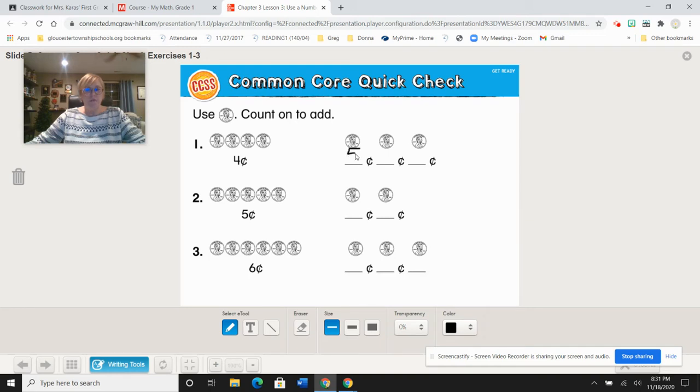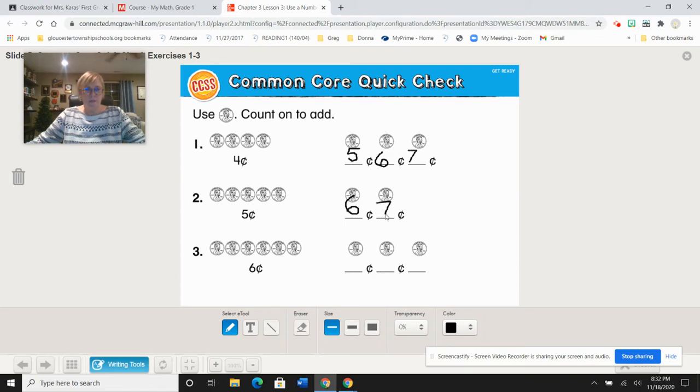Okay, so here we go. 5, 6, and 7 cents. We always make sure we use that label and say that. Number 5. All right, count on from 5 2 times. All right, so 5, 6, and 7.